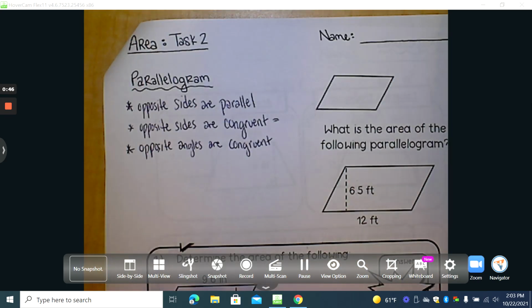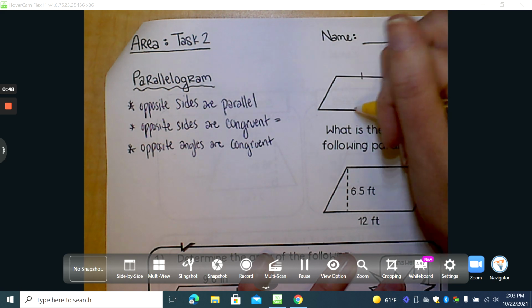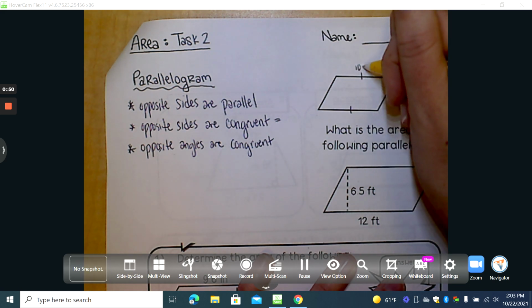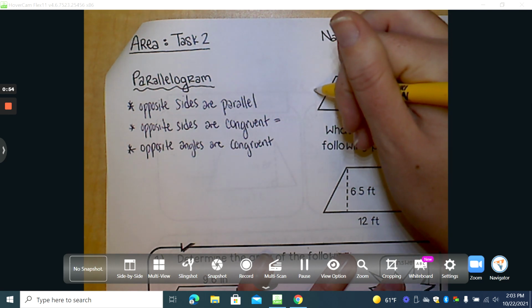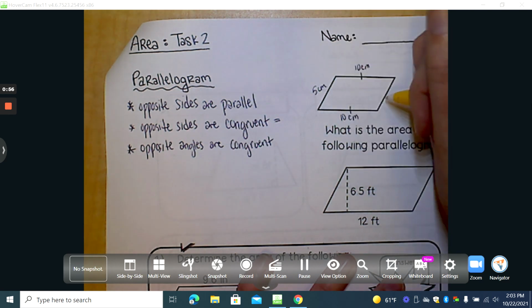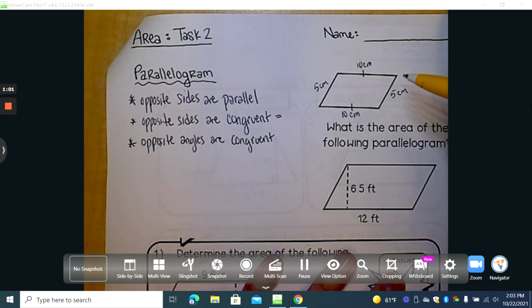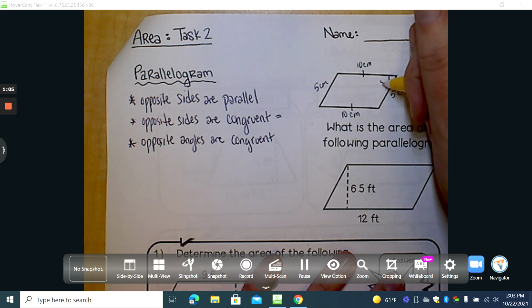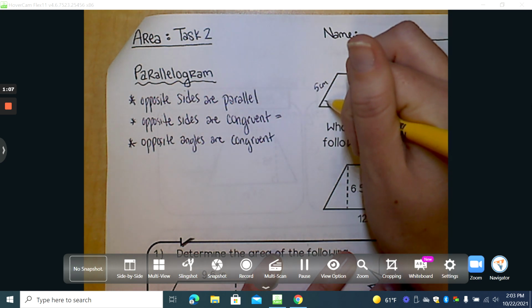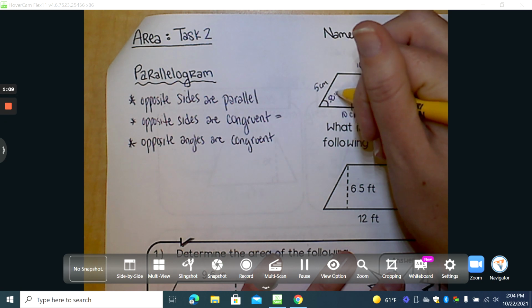What this means is that this side is equal to this side. So if this one's 10 centimeters, this side's also 10 centimeters. If this side's 5 centimeters, this side's also 5 centimeters. The other thing is, if this is 50 degrees, this angle is also 50 degrees.